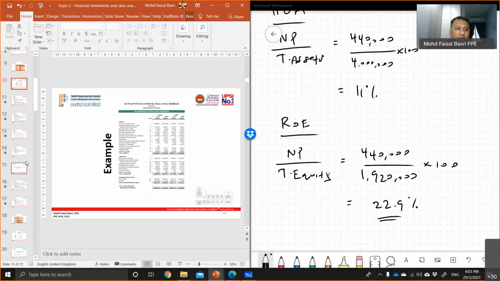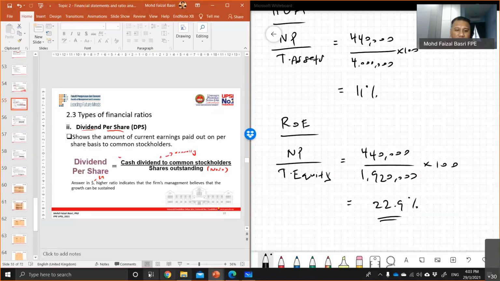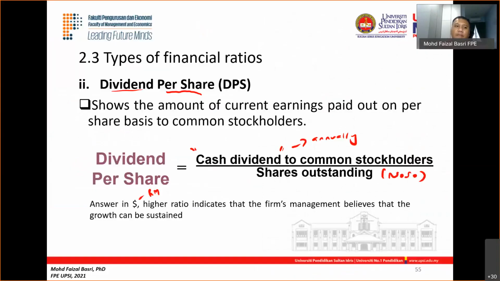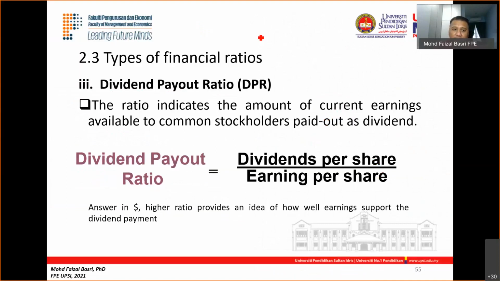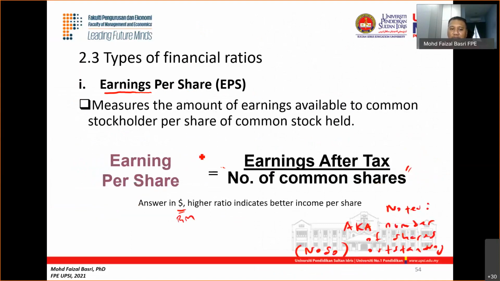Okay, so let's go back to shares. That's our second one, dividend per share. Number 3, we have dividend payout ratio. For the dividend payout ratio, we use the first two ratios, DPS, dividend per share, and EPS, earnings per share. So number 1 divided by number 2.